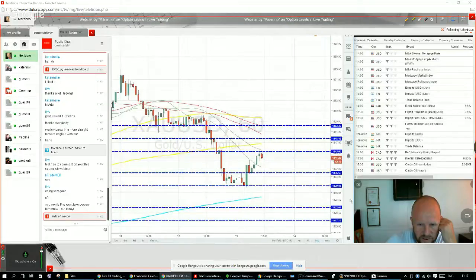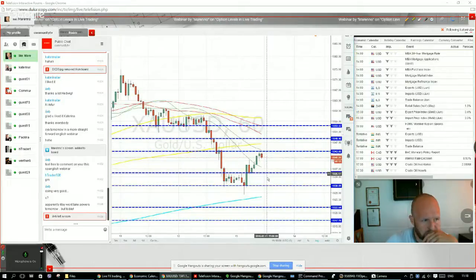So if this level is broken, then I will try to buy it at 1322.64. Yes, that's something I will try to do. Okay.